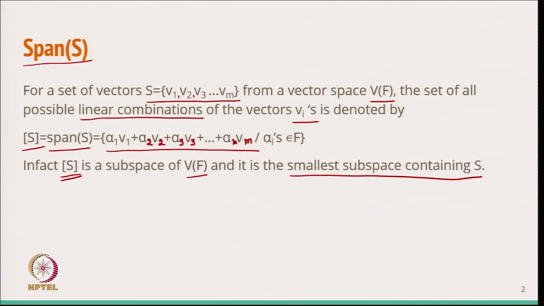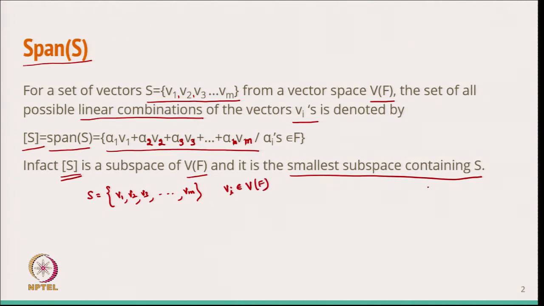So, it is given that S is a set which contains V1, V2, V3 up to Vm, m number of elements, and these Vi's belong to my vector space Vf.